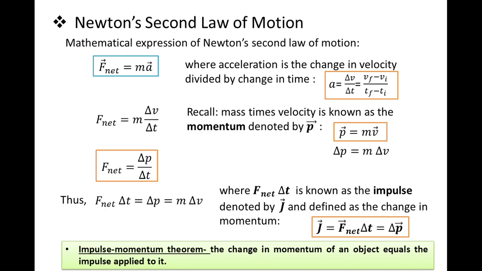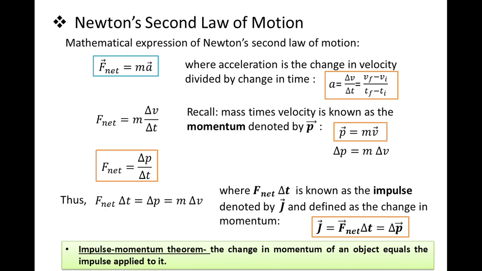Now, mass times velocity is known as the momentum, which is usually indicated by the letter p. Momentum is the mass in motion, so an object at rest has zero momentum and an object that is moving has non-zero momentum. Which object has larger momentum?